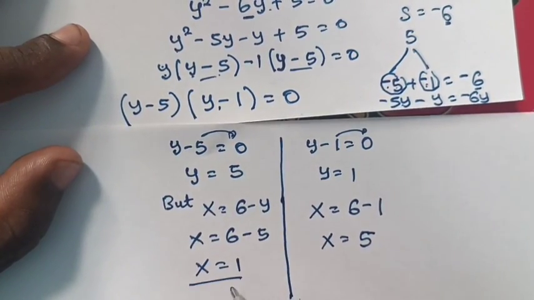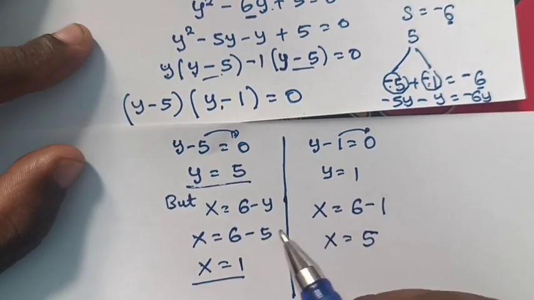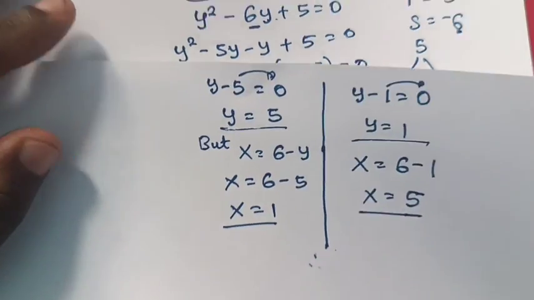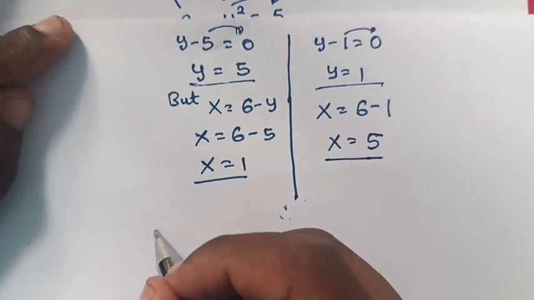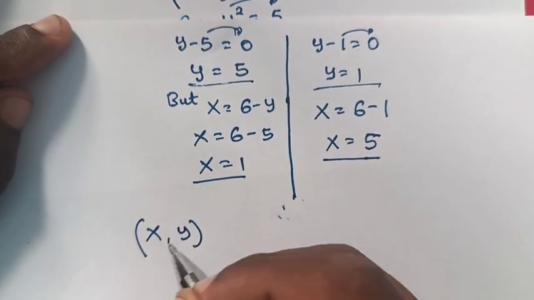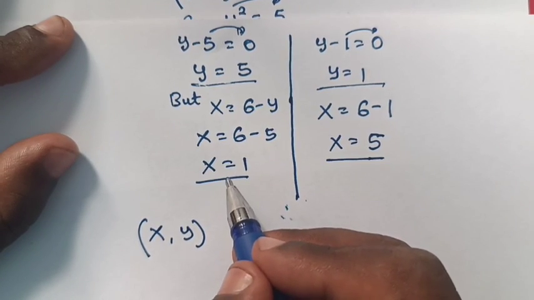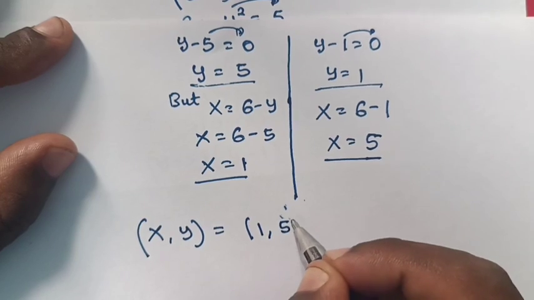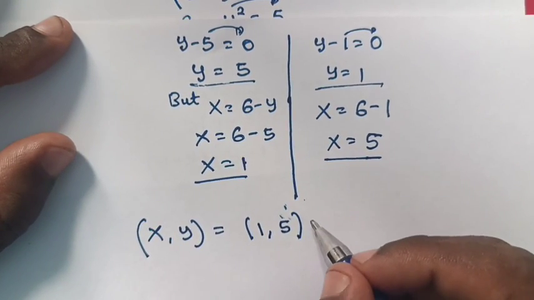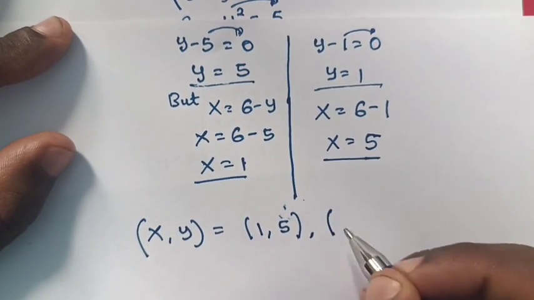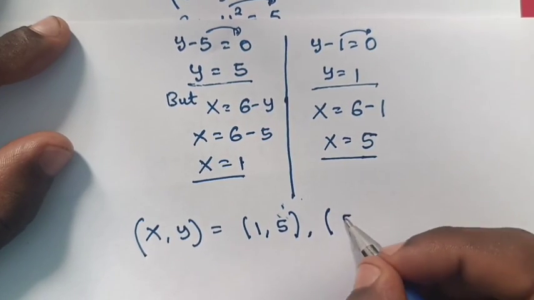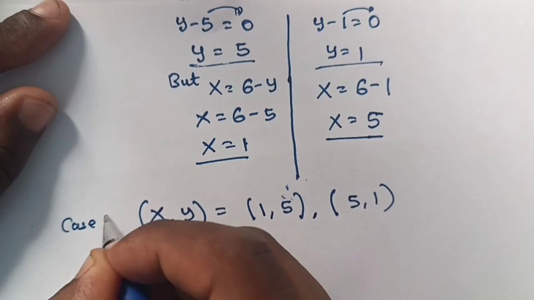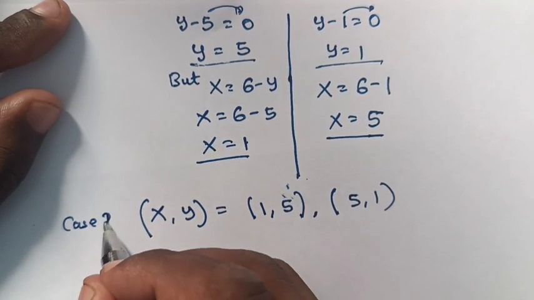Then we already get the values of x and y. So in case 2, (x, y) is equal to x is 1 and y is 5, (1, 5). And also x is 5, y is 1. This is case 2.